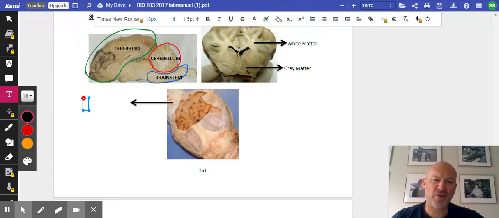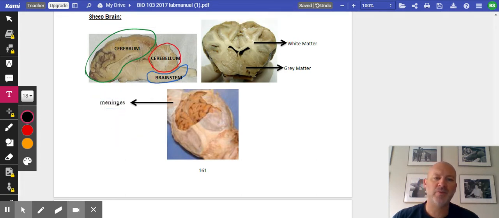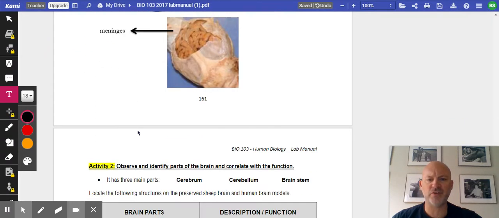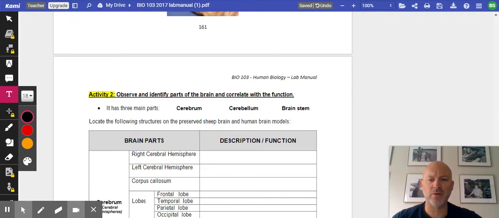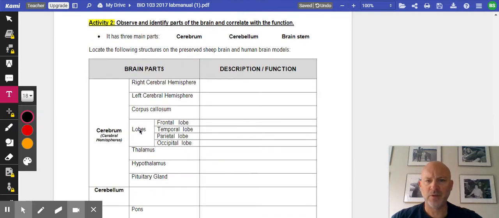There's actually three of them, but these include what are called the meninges. This is a collection of protective tissues that cover the brain and the spinal cord. And these produce fluids, right? The cerebrospinal fluids that also provide protection.